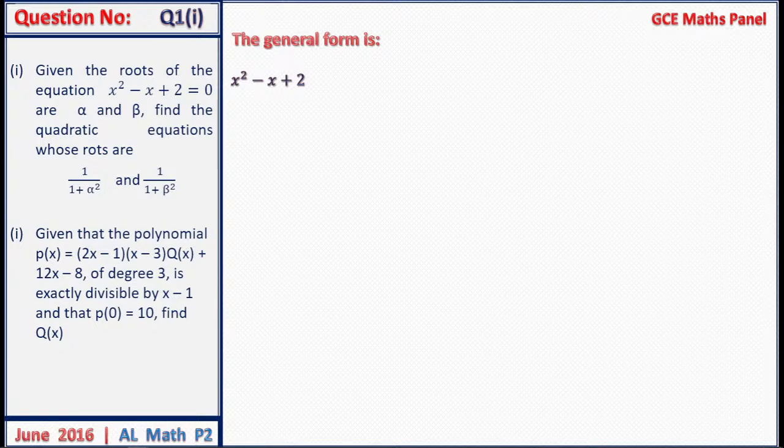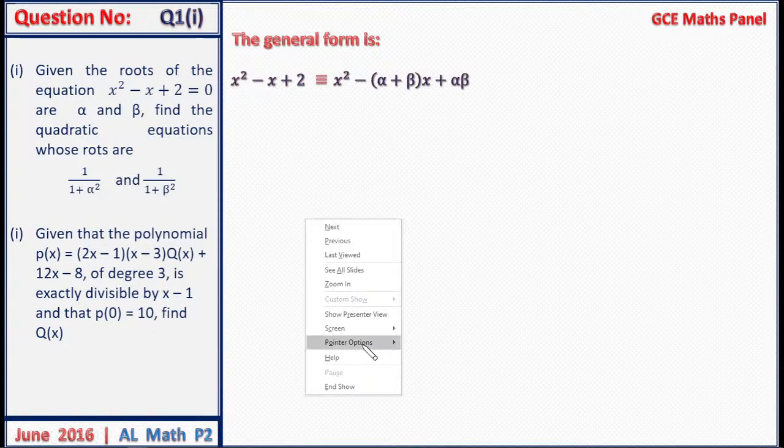x squared minus sum of roots plus products equals 0. So this is identical to x squared minus (alpha plus beta)x plus alpha beta. So this equation that has been given to us is identical to this form that we have here.